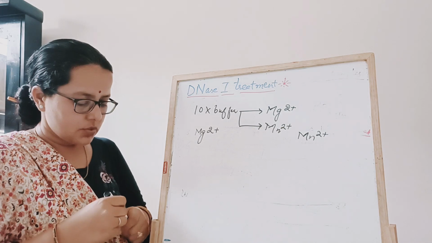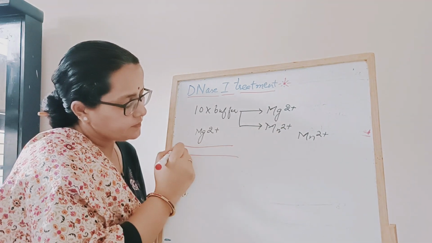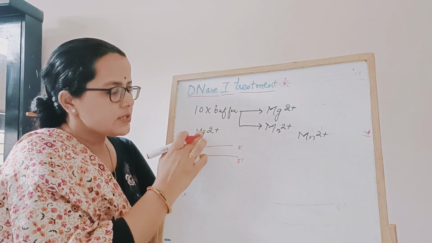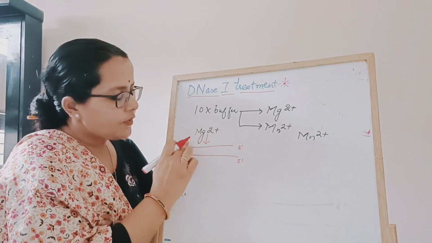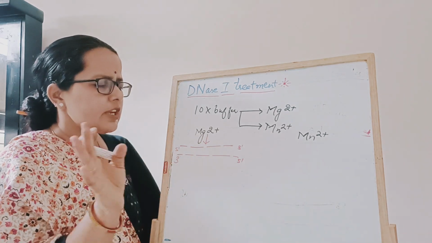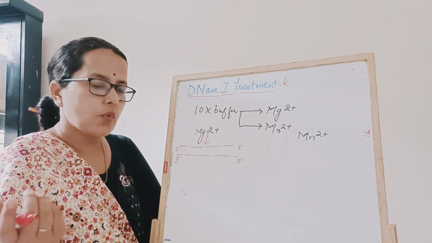If we see this DNA molecule, in the presence of magnesium it will make random cuts here, there, here. So you have some very small fragments with 5' phosphate and 3' OH groups.